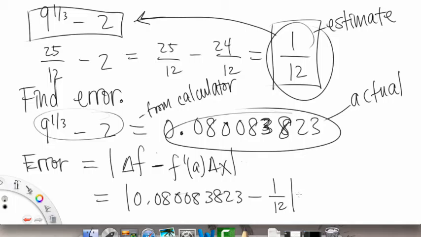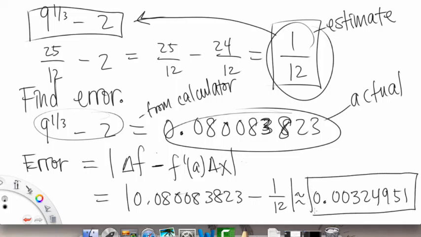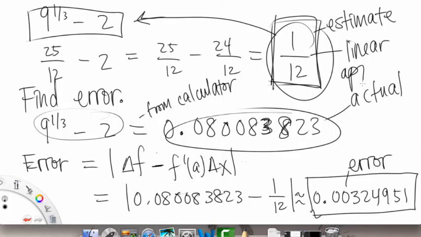And then when you plug this into your calculator, you'll eventually get 0.00 and then 3, 2, 4, and I'll write a couple more, 9, 5, and 1. Okay, so that is basically it. So that's our error. Okay, so this was our error, and this was our linear approximation. This was our answer, from plugging in a 9 into that.